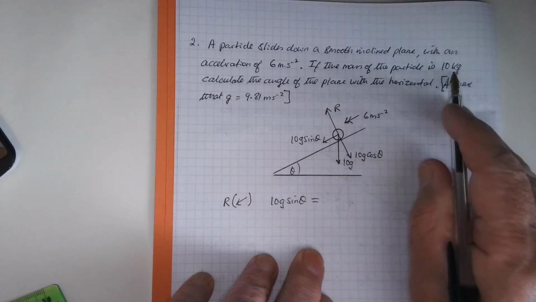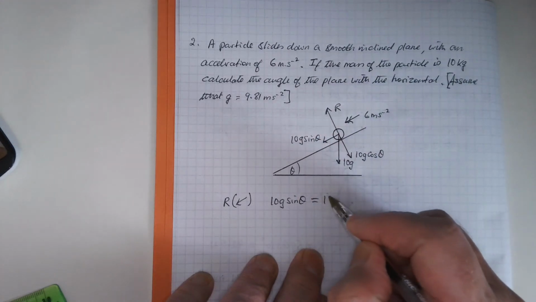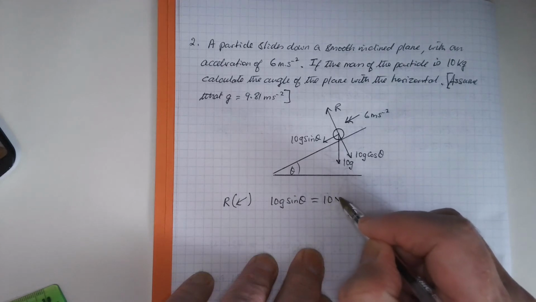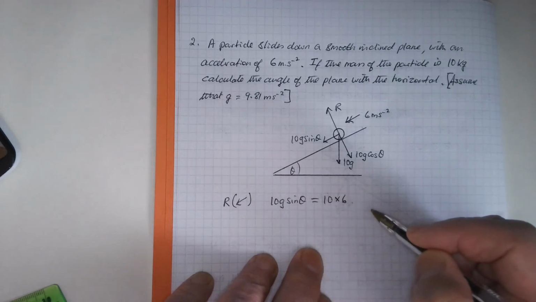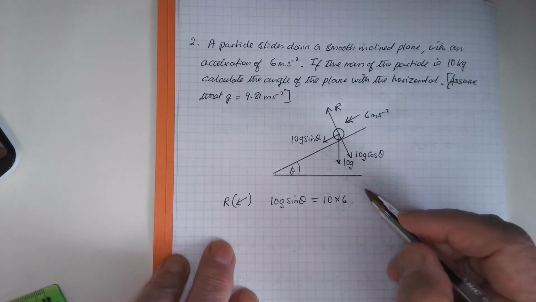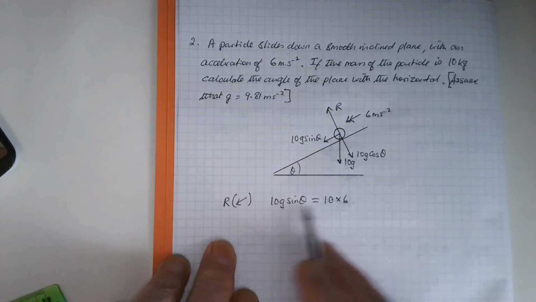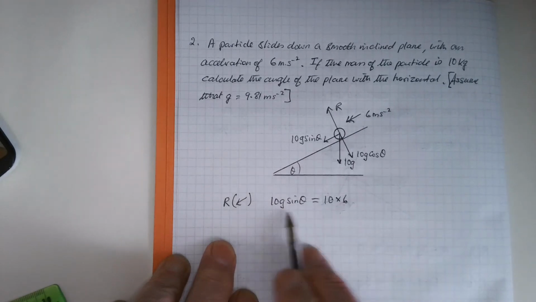Well, we're told the mass of the particle is 10 kilograms, so it's going to be 10a. Oh, sorry, 10 times 6. We'll write that down. Okay, because that is the only motion that's taking place. This is sufficient to work out what theta is, so that's all I need.